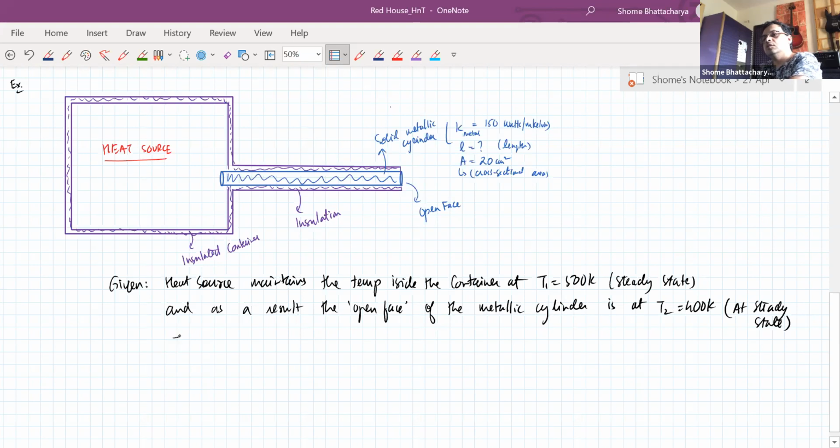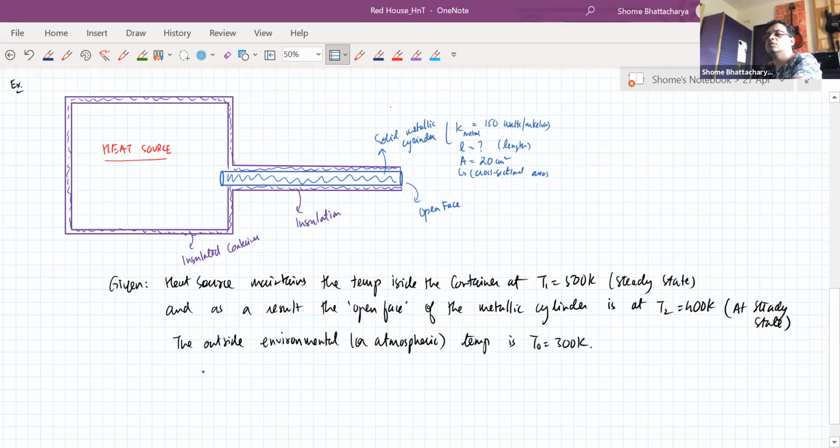Now the outside environmental, or you can say atmospheric temperature, is the normal room temperature of 300 Kelvin.